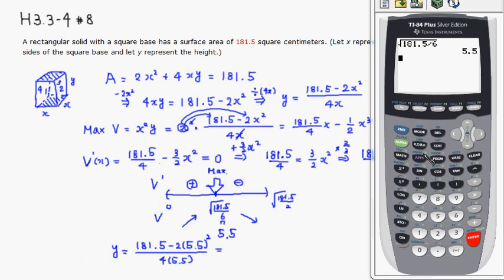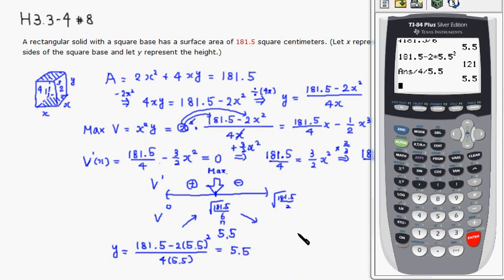So let's do that. First 181.5 minus 2 times 5.5 squared, get that, and then you divide it by 4 and also divide by 5.5. Alright, as it turns out, y is also 5.5.